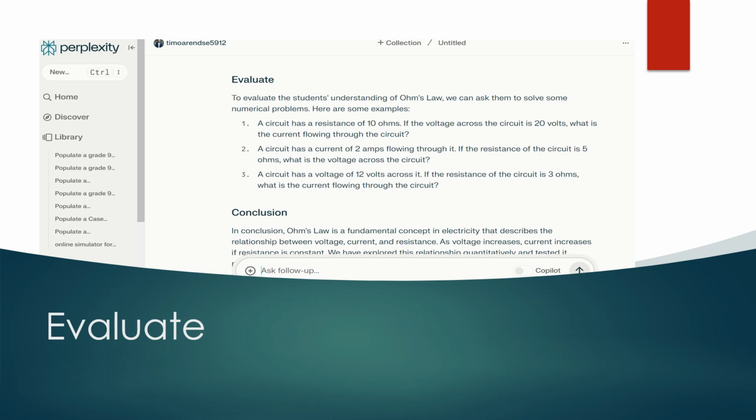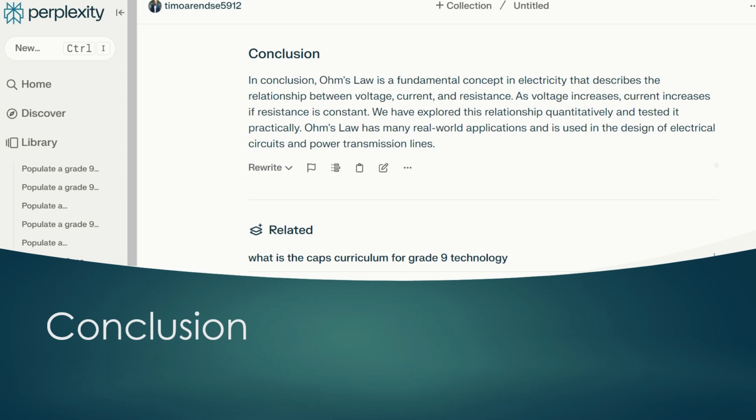A circuit has a voltage of 12 volts across it. If the resistance of the circuit is 3 ohms, what is the current flowing through the circuit? And then to the conclusion: Ohm's law is a fundamental concept in electricity that describes the relationship between voltage, current, and resistance.